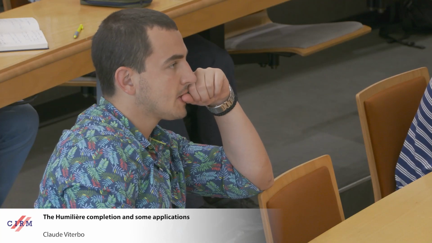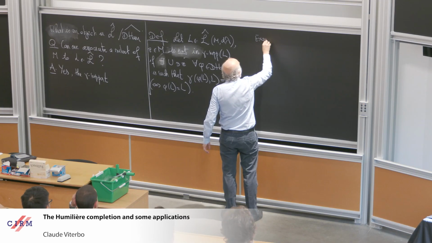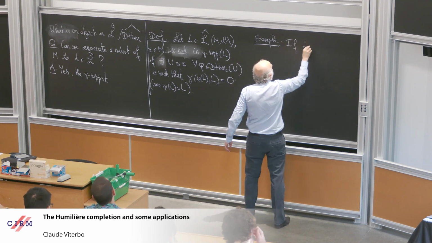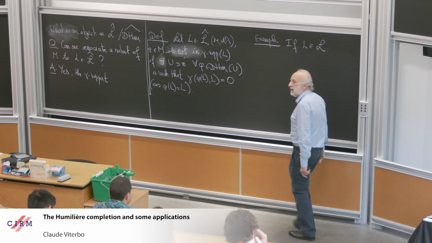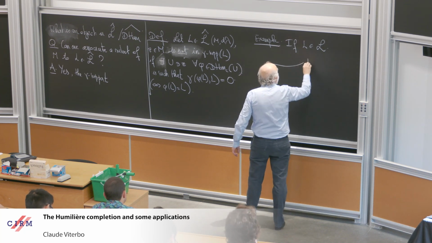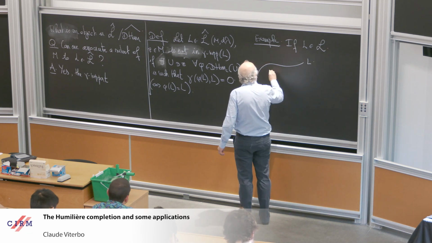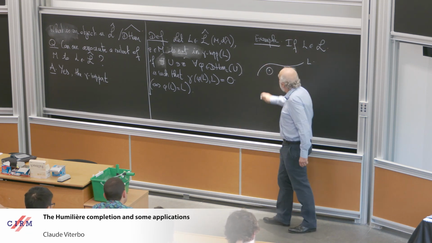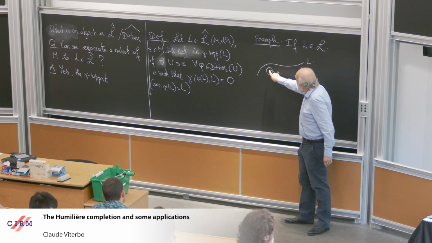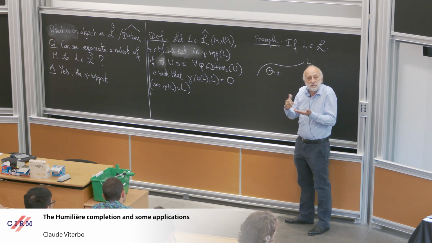So somehow, this makes sense. A sort of trivial example: if L is just a regular Lagrangian, so you have your submanifold here, what it means is that if you take Z here and look at diffeomorphisms in a small neighborhood, when you apply phi to L, it's not moving L, so L doesn't change.